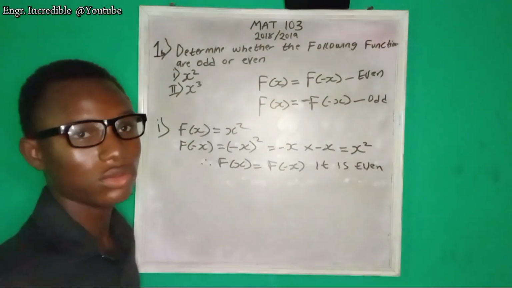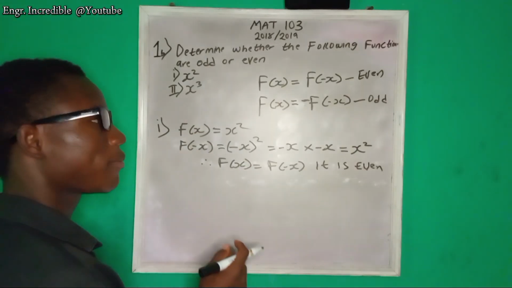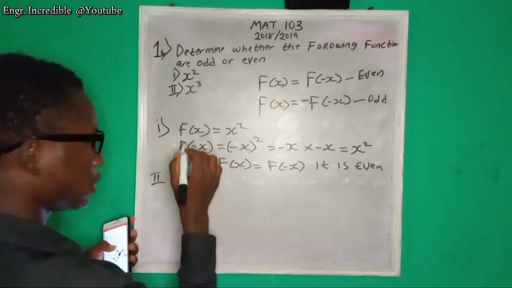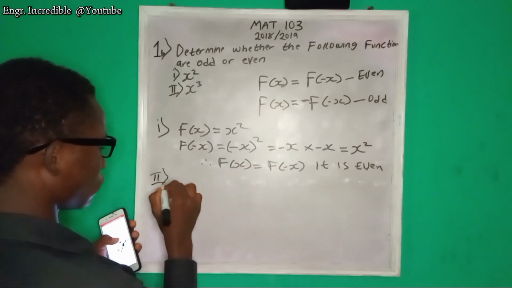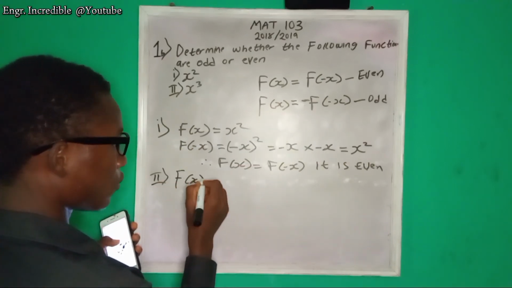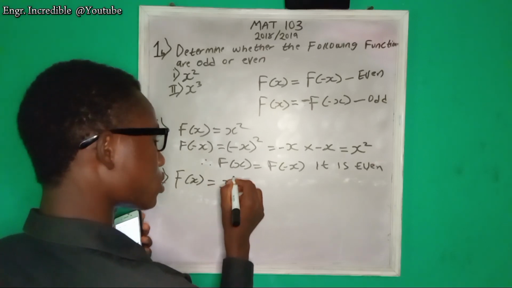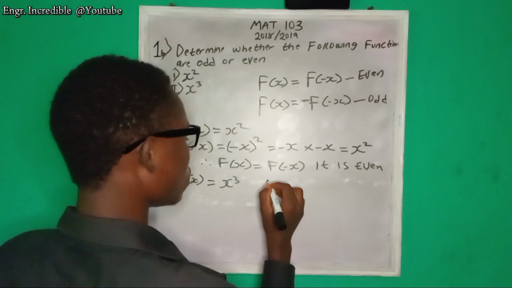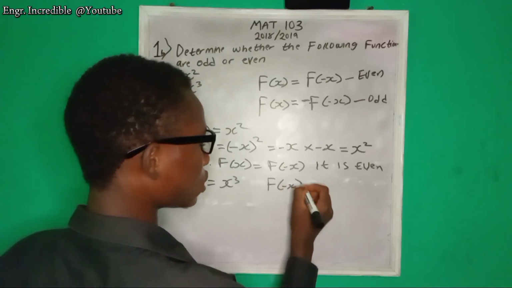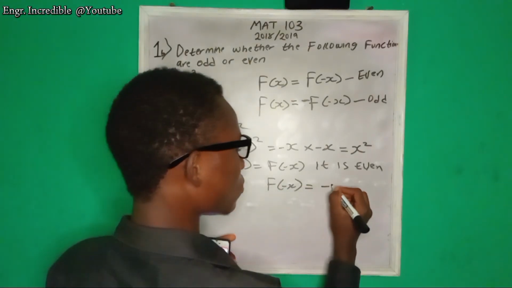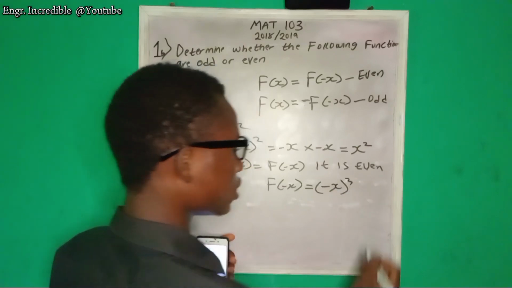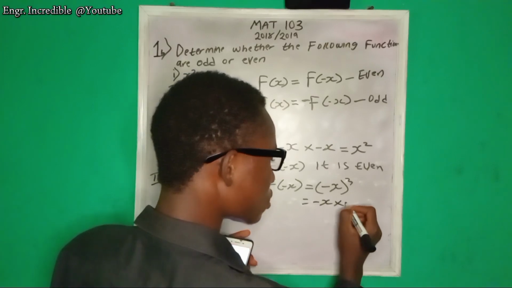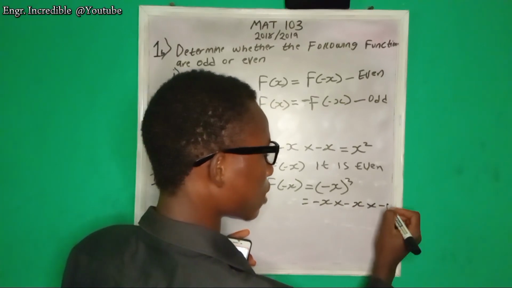While for the second one, I'm going to start by checking if it is even first. So the second one, f of x is equal to x cube. So what is f of minus x? f of minus x is equal to minus x raised to power 3, and minus x raised to power 3 is minus x times minus x times minus x.